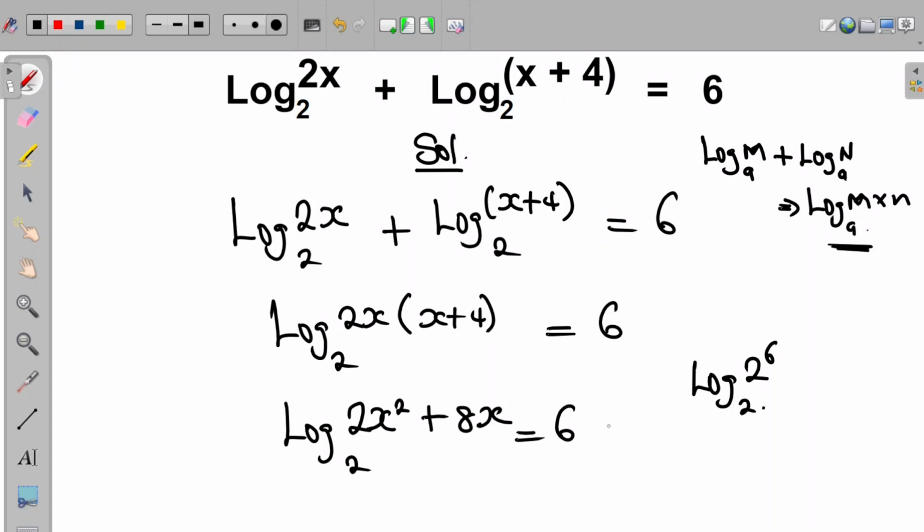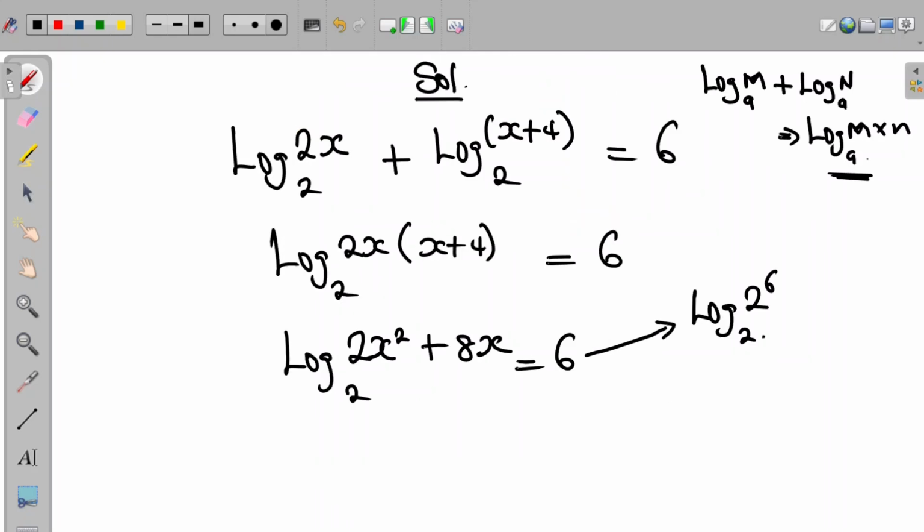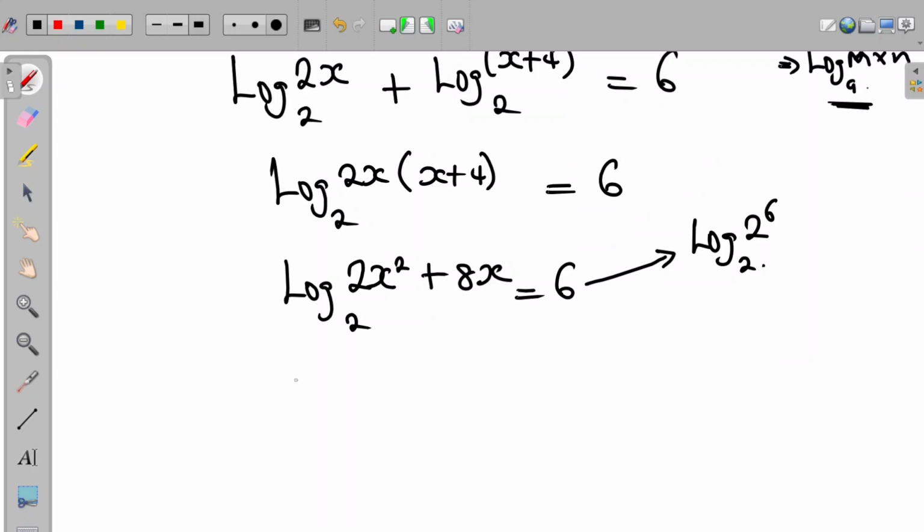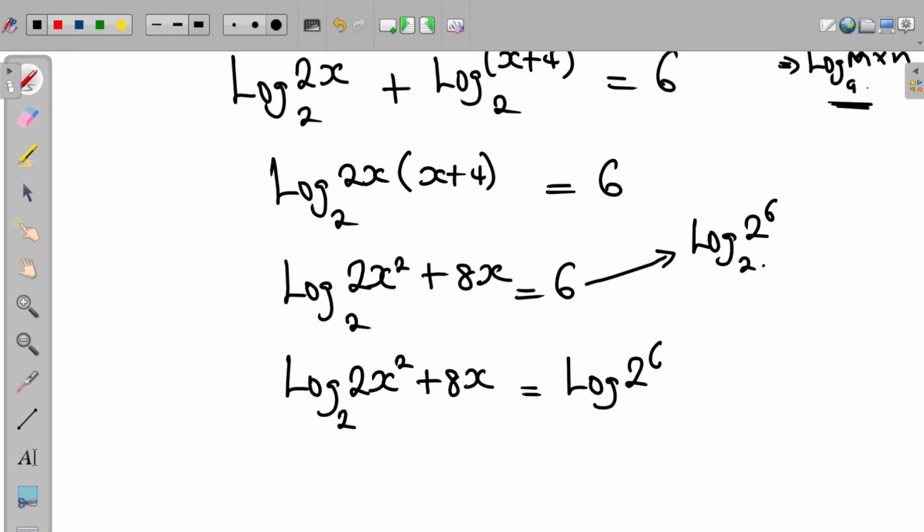So anywhere we have 6, we replace it with this particular expression. The equation now becomes log of (2x squared plus 8x), all in base 2, is equal to log of 2 to the power of 6, all in base 2.